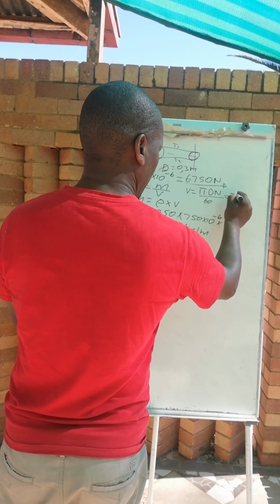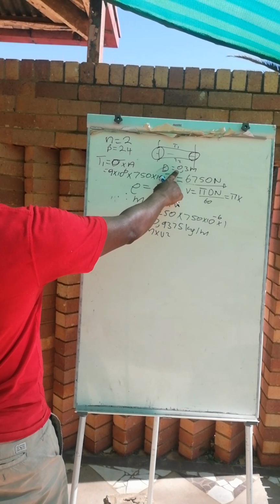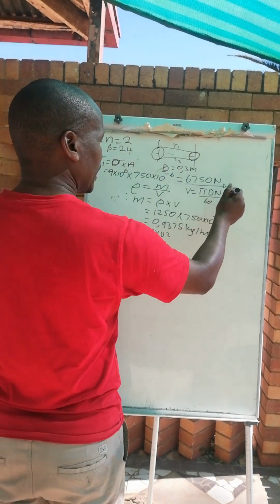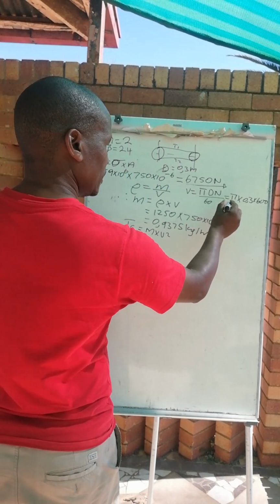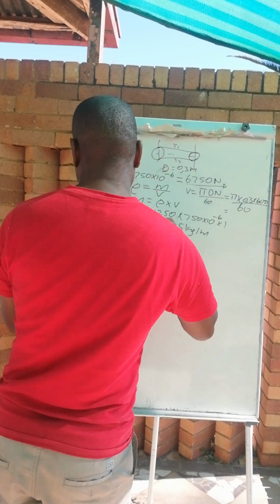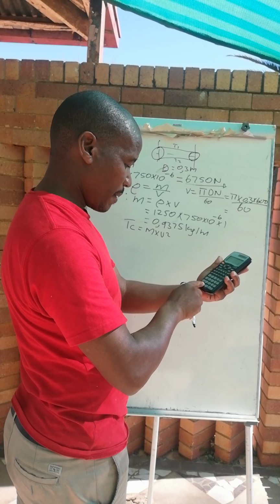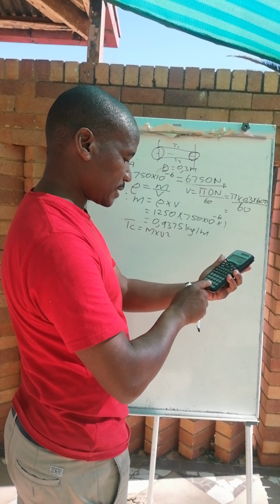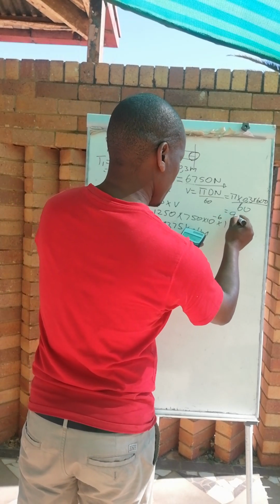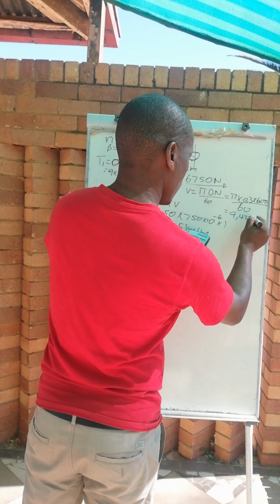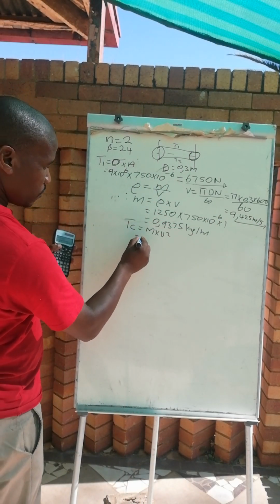The velocity is pi multiplied by the diameter, given as 0.3, since it is 300 millimeters, multiplied by 600 divided by 60. We've got 9.425 meters per second.